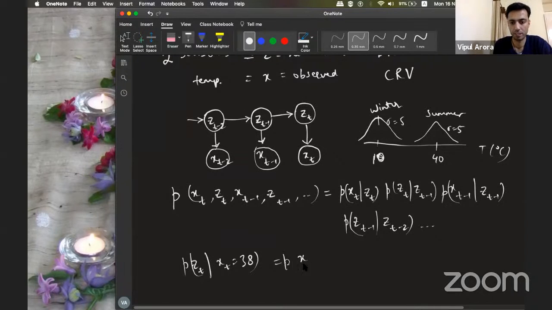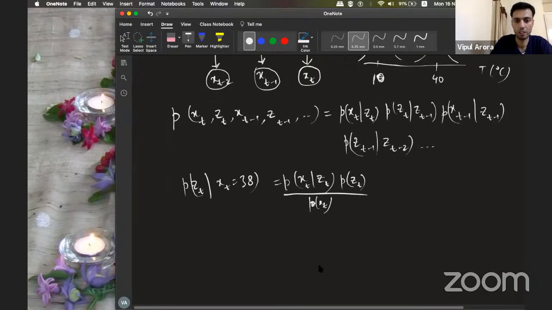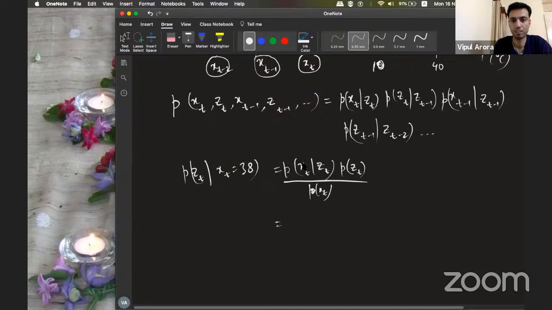I will say P of xt given zt into p of zt, divided by the normalizing term p of xt. So how will I compute it? zt can take two values, summers or winters.